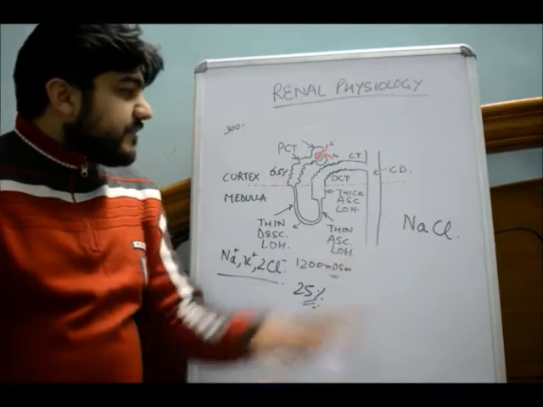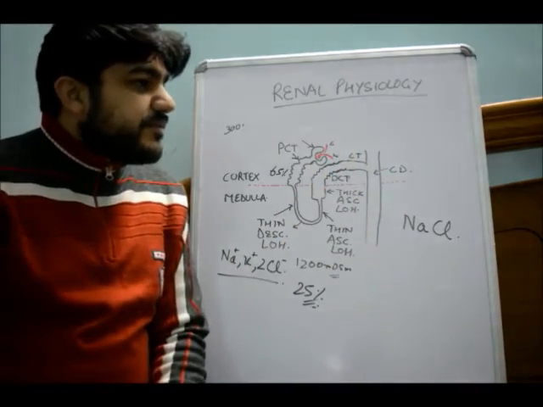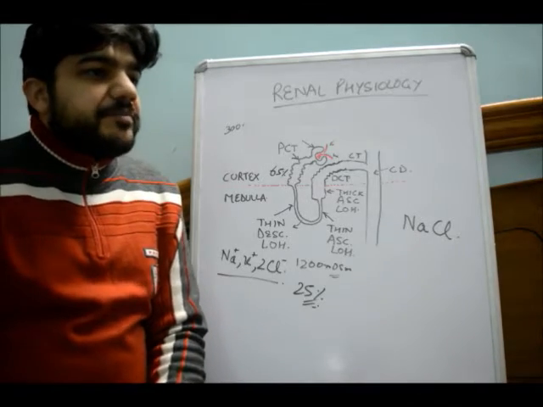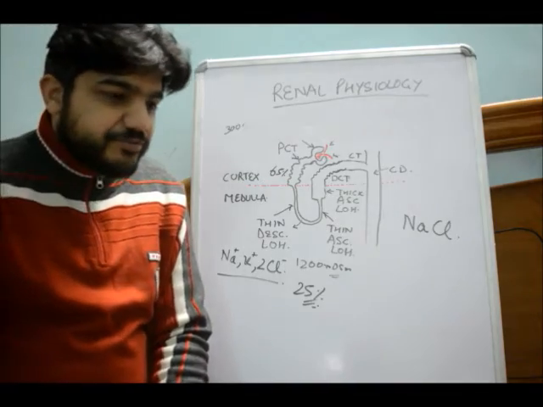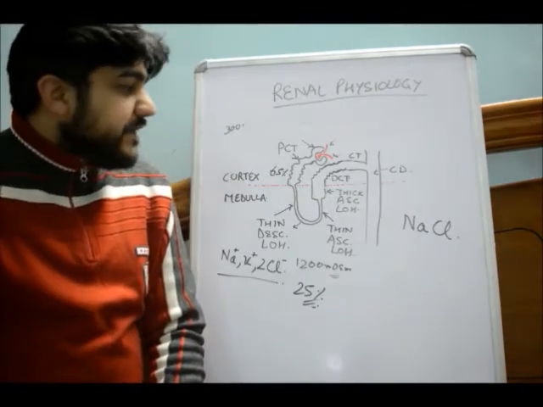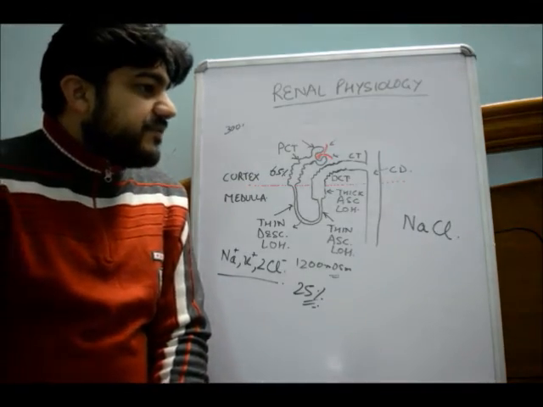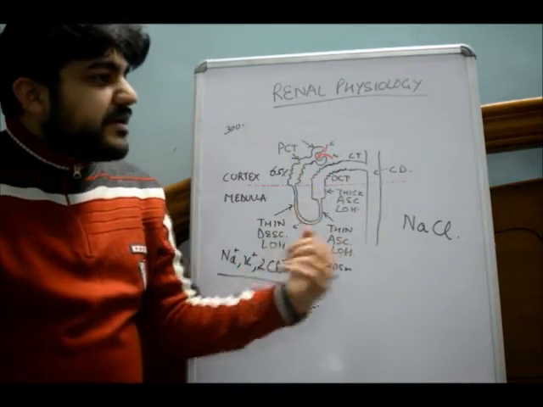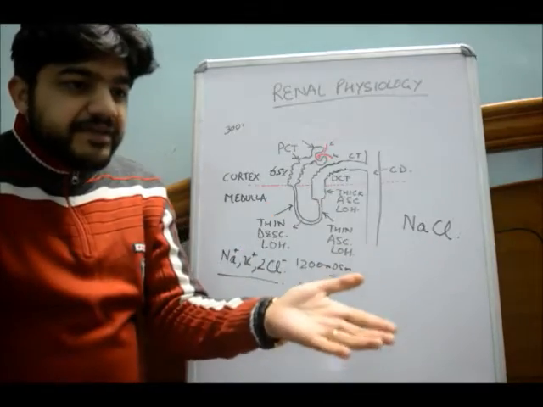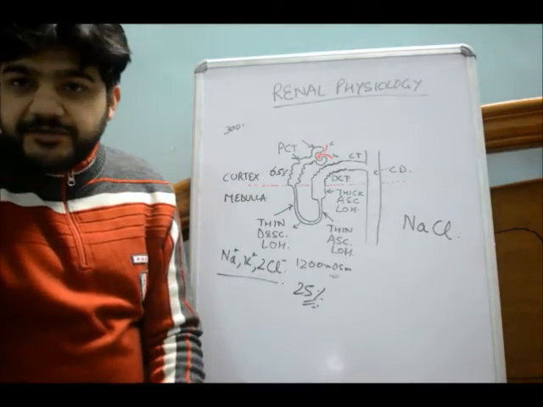Here the absorption of sodium depends on the presence of mineralocorticoid, and the mineralocorticoid which is responsible is aldosterone. And aldosterone causes reabsorption of sodium in exchange for potassium ions.